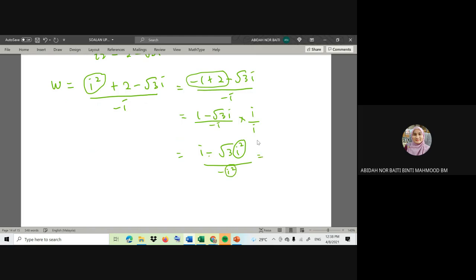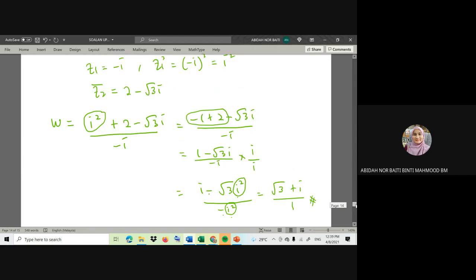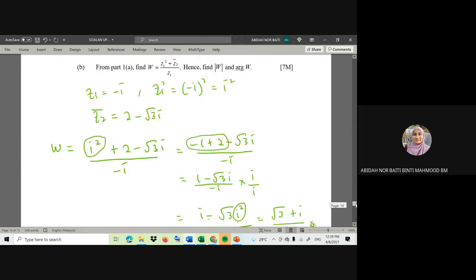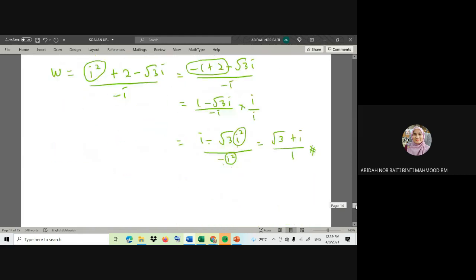So negative become positive plus i. So here negative become positive. Okay, so itulah yang dia nak. Substitute i squared with negative 1 ya. Then find what? Modulus of w and argument.